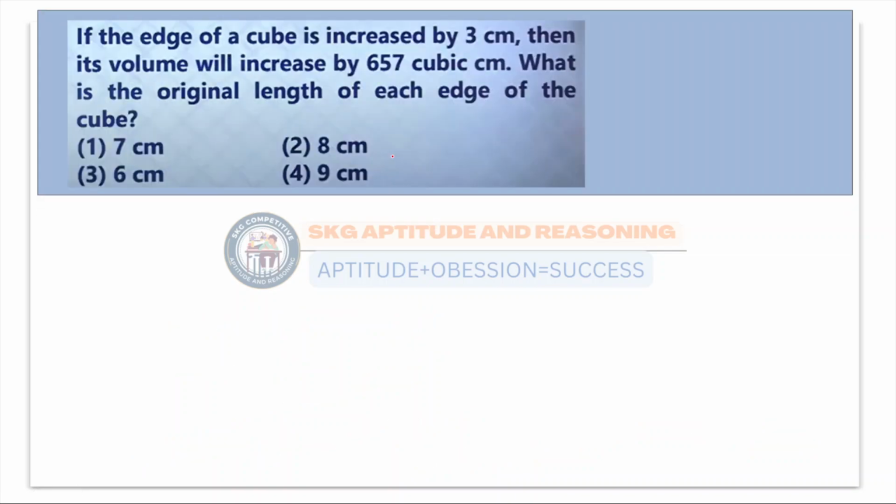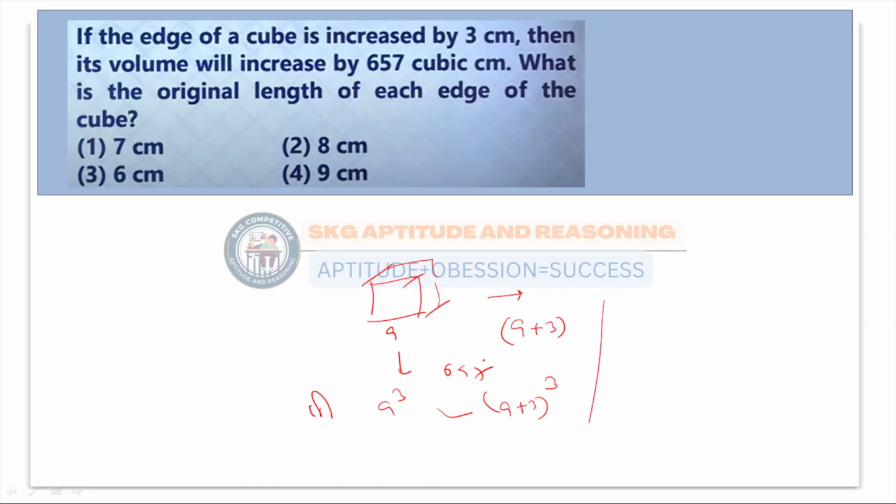Let us move to the next question. Okay, the edge of the cube. Let us take a cube here. The cube will be like this, and the side will be a here, and it was increased by 3 in the new one. The volume of the cube will be a cube. The volume was increased by 387.